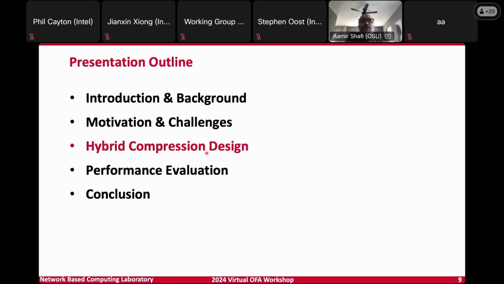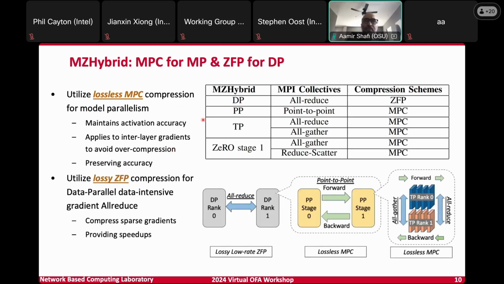Right. So now I move on to the hybrid compression design. We have different designs here, and the first one we call MZ hybrid. The name is a little bit strange, but I'll explain this. In MZ hybrid, the word hybrid shows that we are mixing lossless and lossy. In MVAPICH we have support for both lossy and lossless compression.